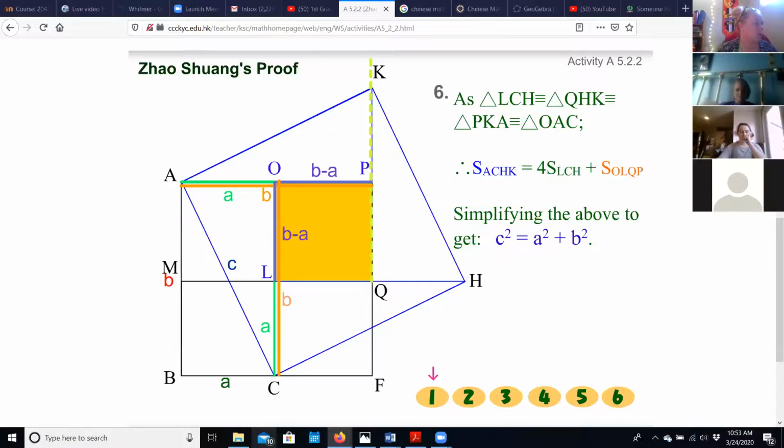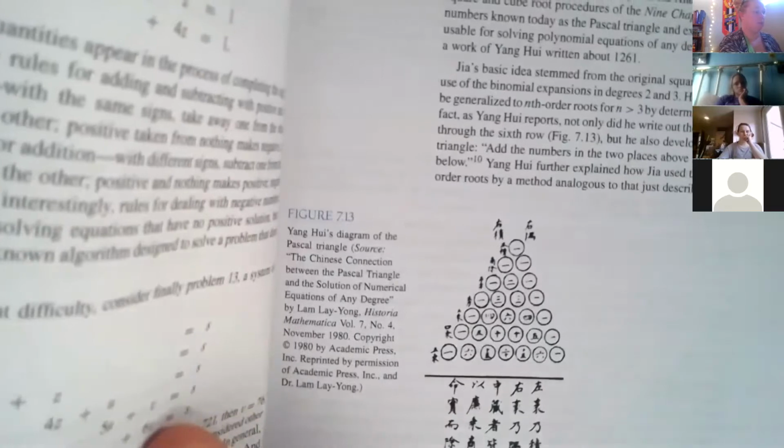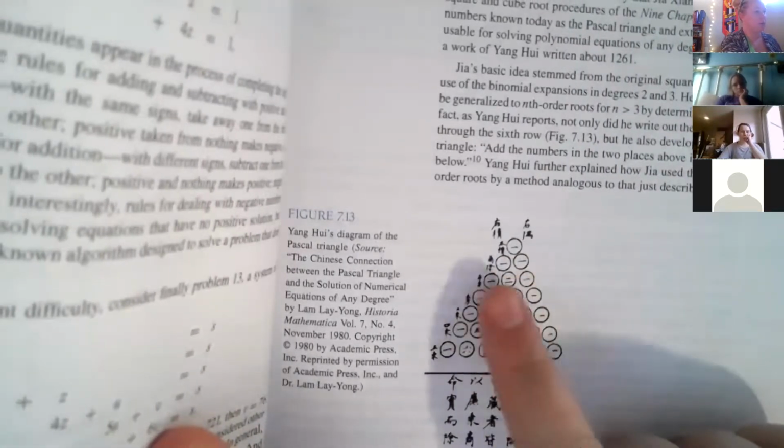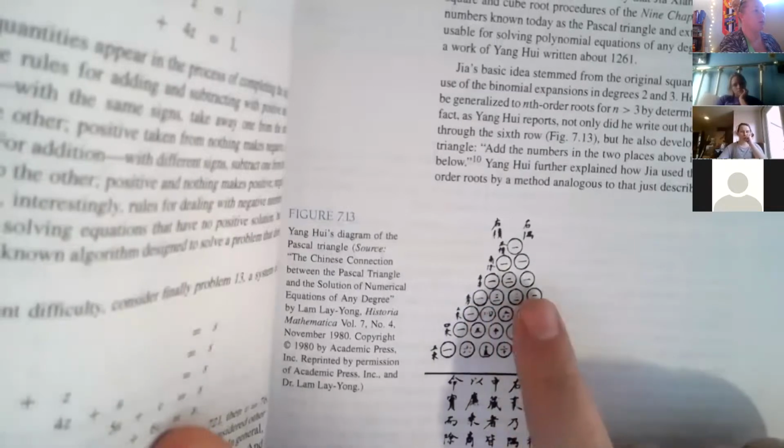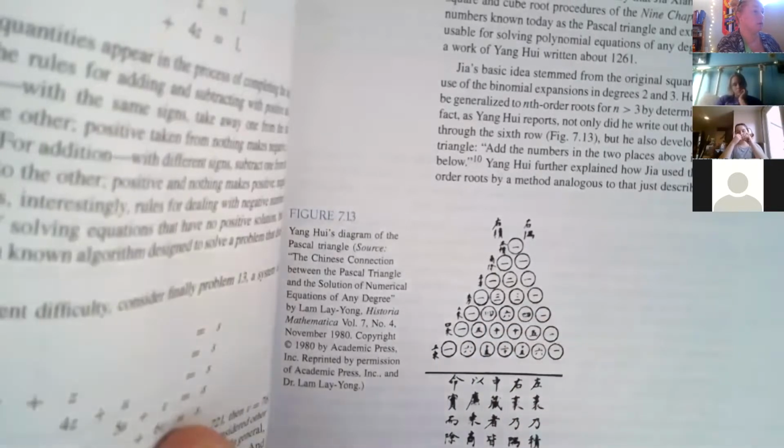They had their own drawing of it before Pascal even was talking about it. So that would be 1, 1, 1, 1, 2, 1, 1, 3, 3, 1, 1, 4, 6. Wow, interesting.